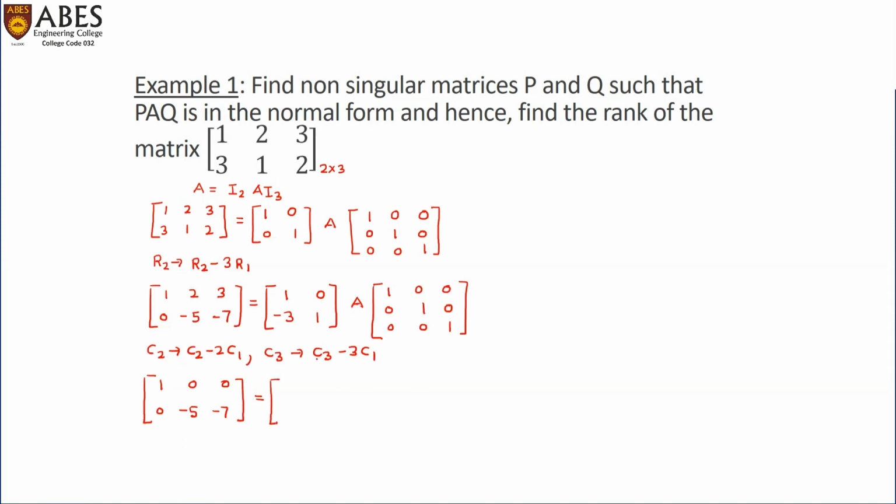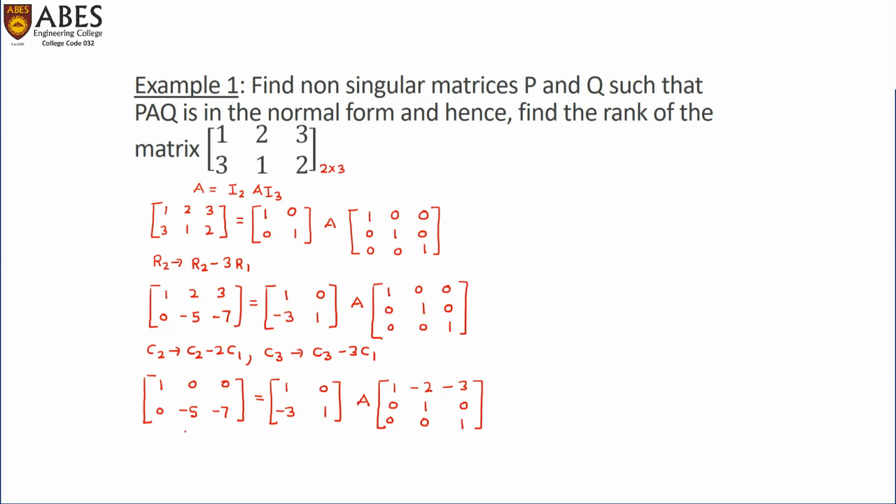Now we apply the column operation, so the changes go into the post-matrix: 1, 0, 0, minus 2, 1, 0 and minus 3, 0, 1. So here we apply the row transformation as well as the column transformation.